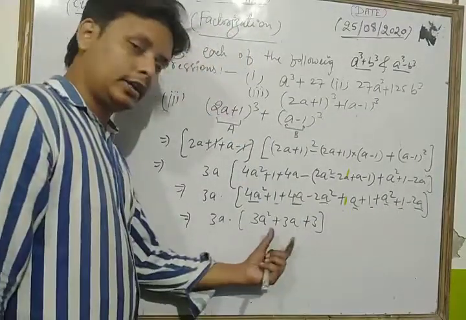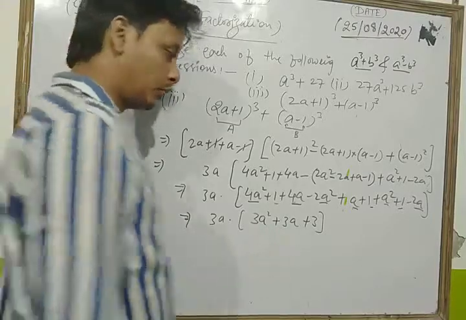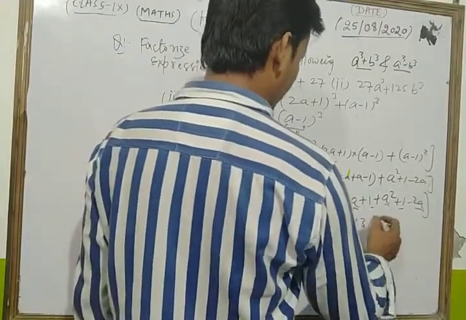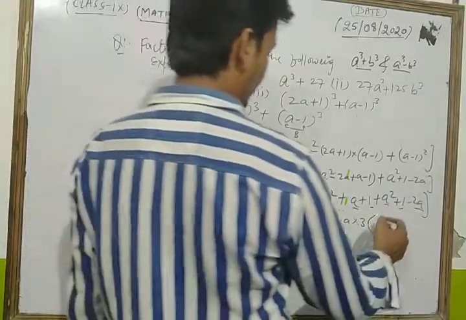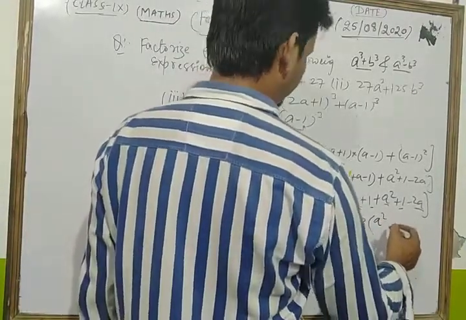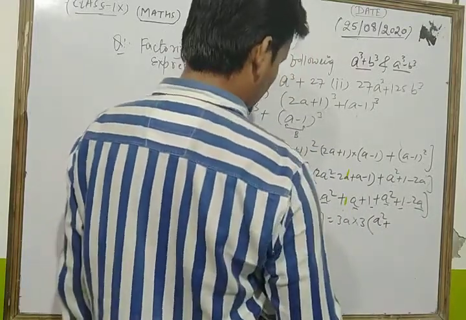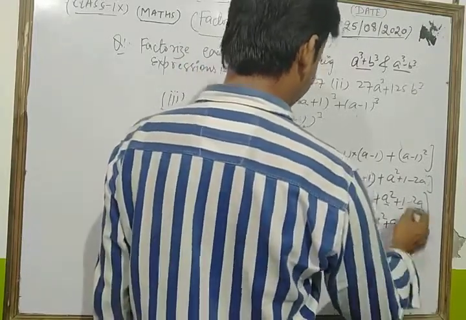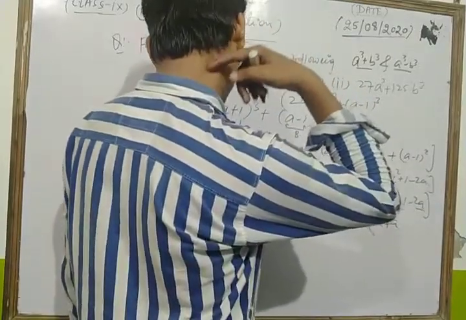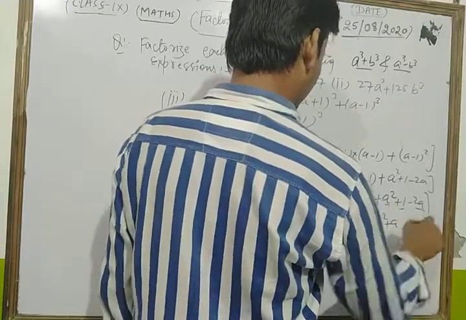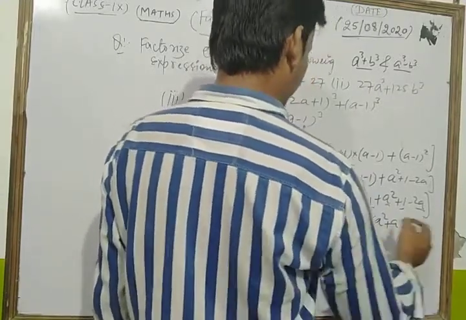Now we take 3 as common from the whole, so we get 3a into a square plus a plus 1.